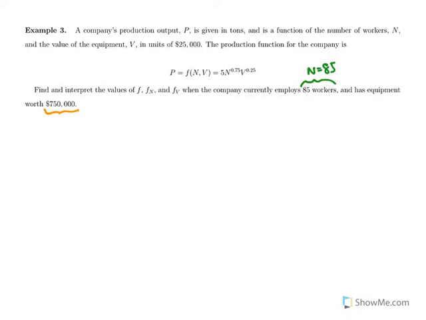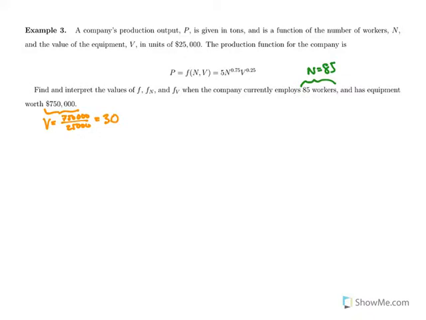Since we're looking at units of $25,000, this is V equal to 750,000 divided by 25,000, which would give us a value of V equals 30.